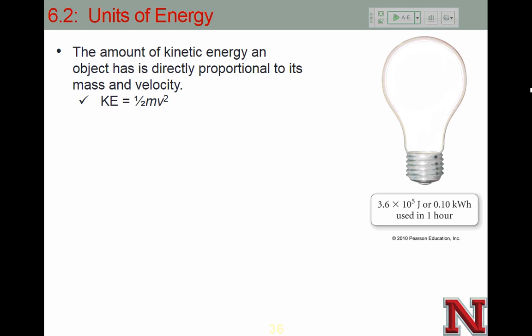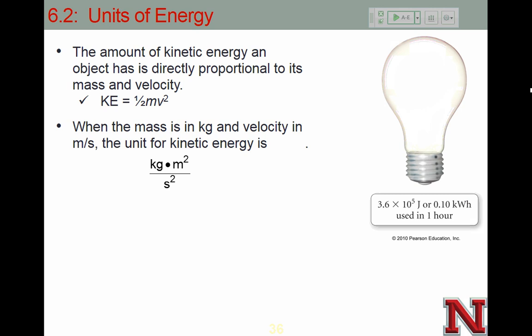Some units, we've already looked at a little bit of units of energy. The amount of kinetic energy is directly proportional to its mass and velocity. So KE is equal to 1/2 mass times velocity squared. Meaning that the size and the velocity affect our kinetic energy.